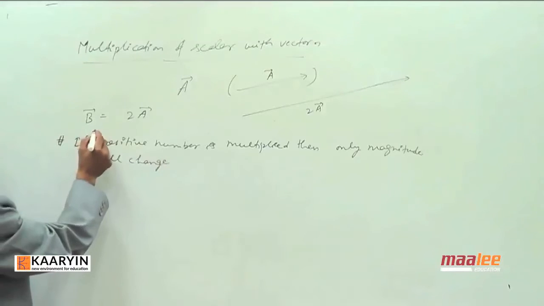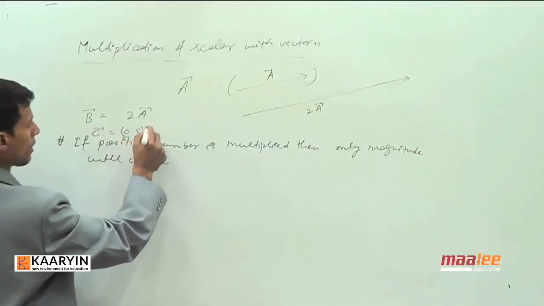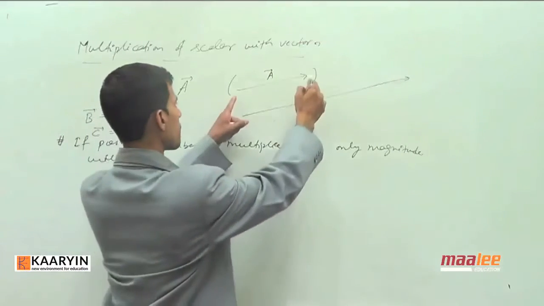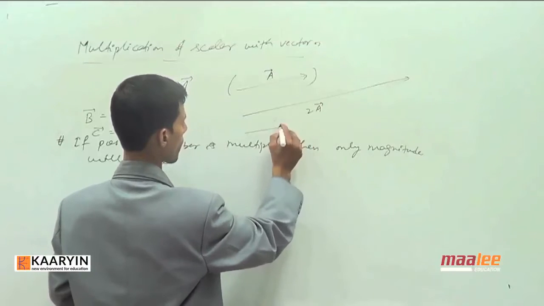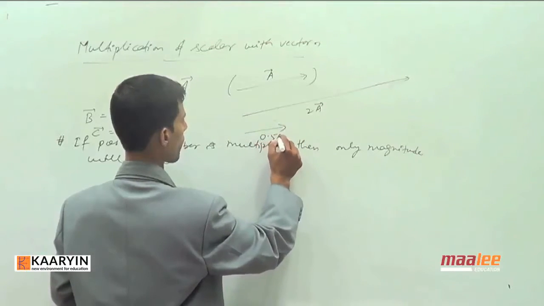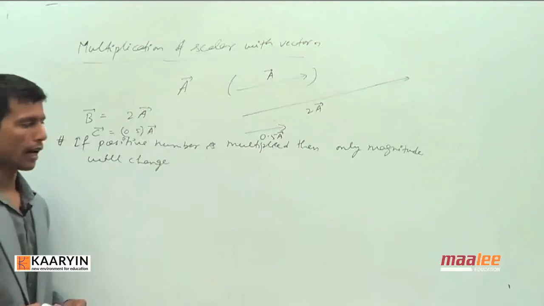If suppose I multiply 0.5 with the vector A, in that case the magnitude becomes half, and this becomes my 0.5 A, but the direction remains unchanged.